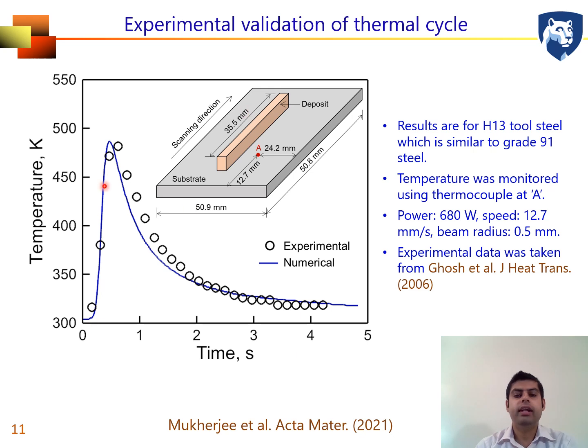The computed results agree reasonably well with the experimental results, and that gives us the confidence that this kind of modeling result can be used to further investigate the heat transfer and fluid flow during the additive manufacturing process.